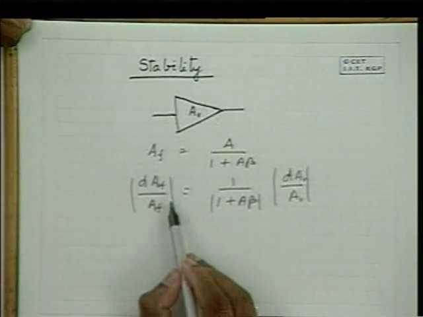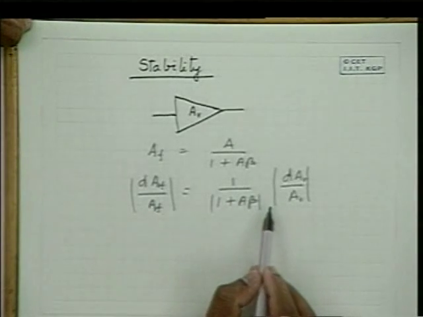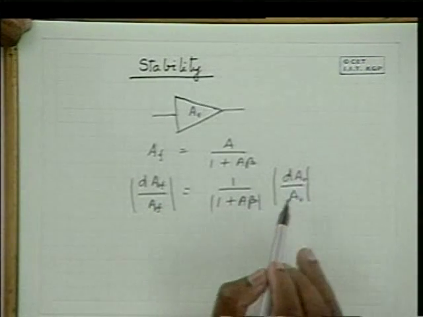With feedback, its percentage change would be 1 by 1 plus A beta times the percentage change in A.